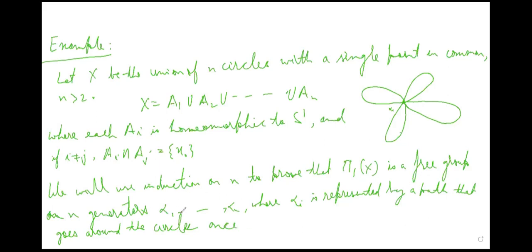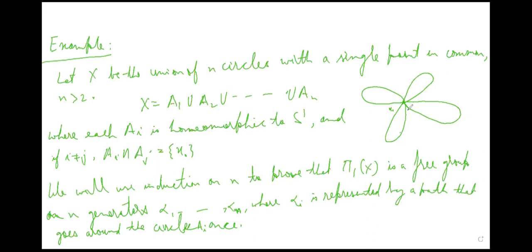What are these alpha 1, alpha 2, alpha n? They are loop classes, and the class alpha i represents the loop that goes around the circle Ai once.